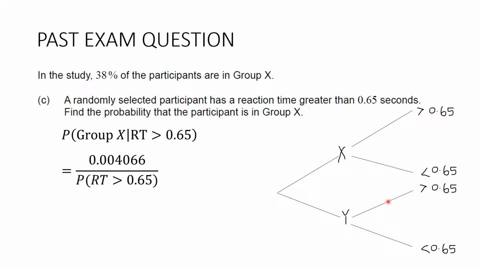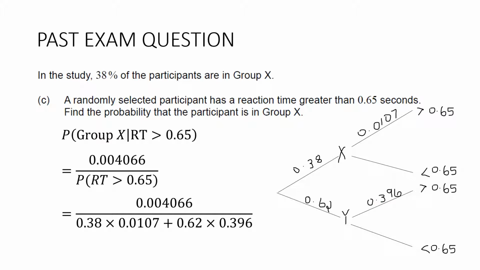Now we worked out these probabilities before and we know this is 38% and so this one's going to be 62. So putting those probabilities in, I haven't worried about these two here. This is going to be this times this or, which is plus, this times this. Let's write that in. Okay, calculating all of that, then the probability is 0.0163.